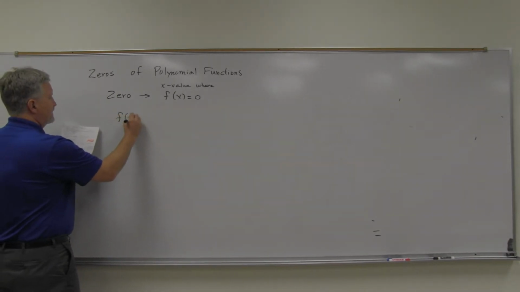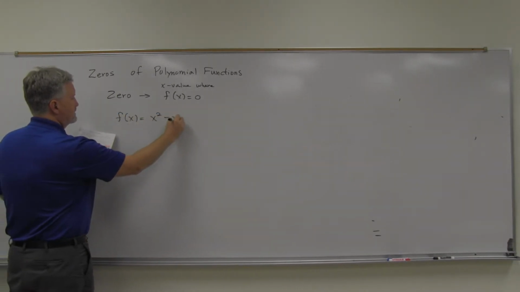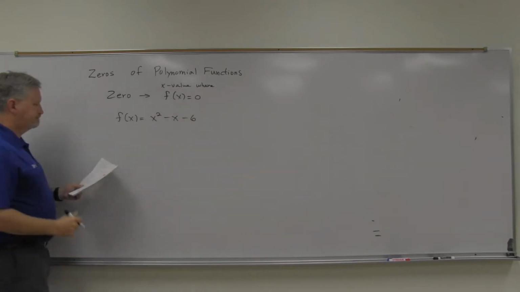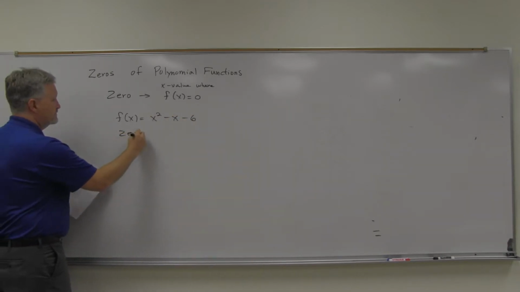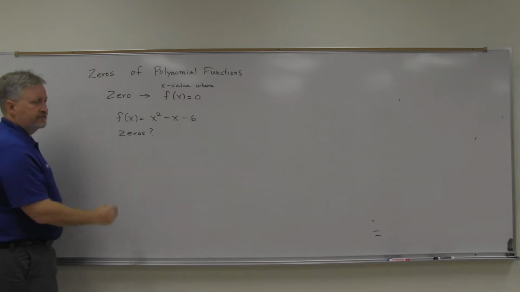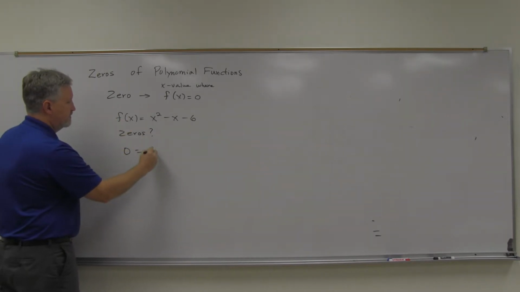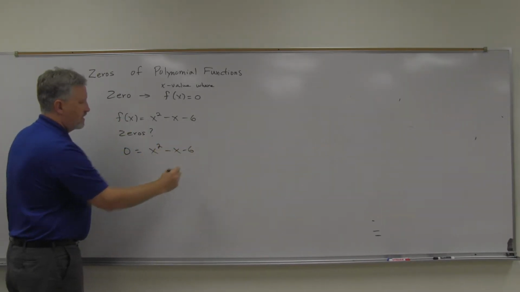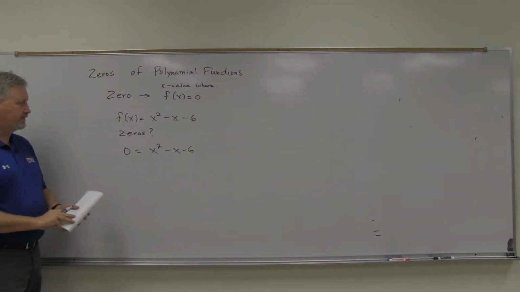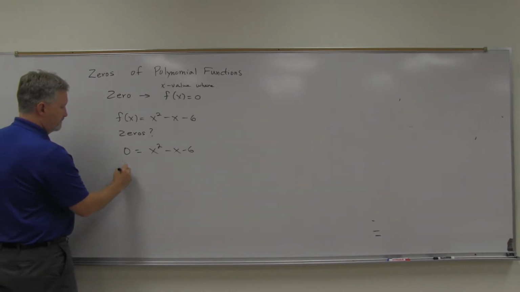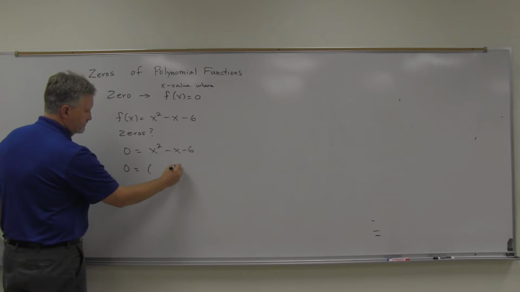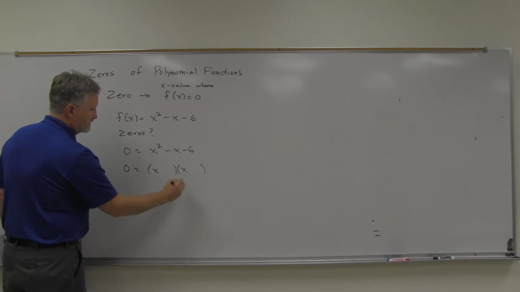We've got f of x equals x squared minus x minus 6, and I want the zeros of that function. Just set f of x equal to 0. It's just solving the equation. In this particular case, you can use factoring or the quadratic formula.